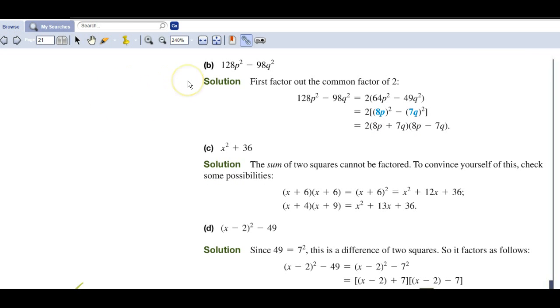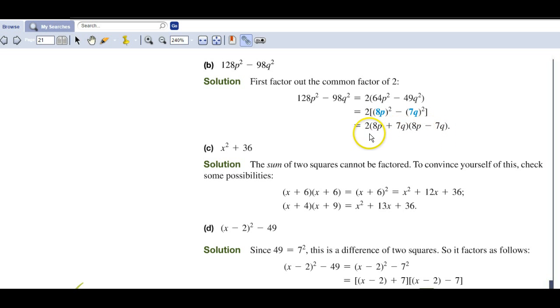Now, keep in mind that this doesn't look like perfect squares right away, but can we take out a greatest common factor here? Yes. We can take a 2 out of there and a 2 out of there. Now when we do that, we see we have the difference of perfect squares that will factor into their conjugates.